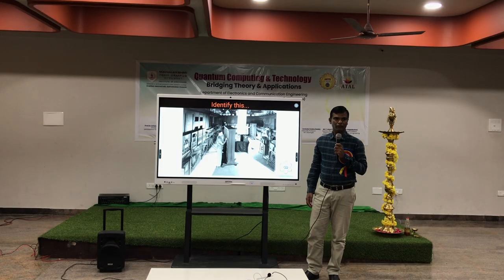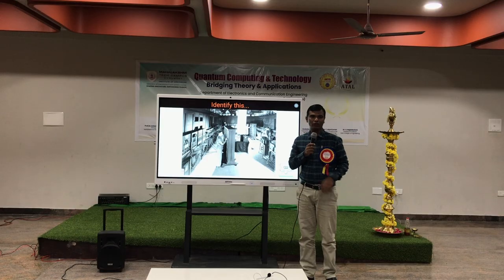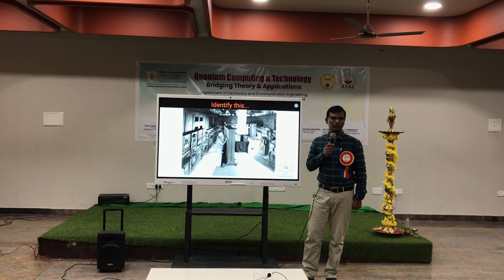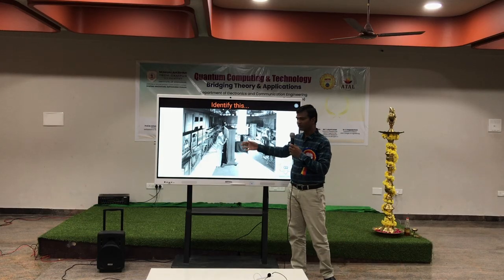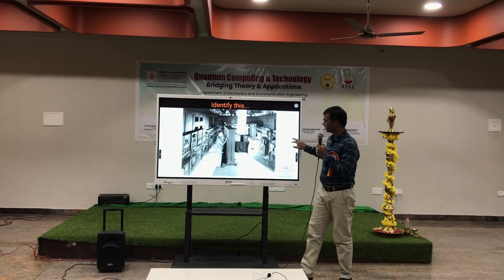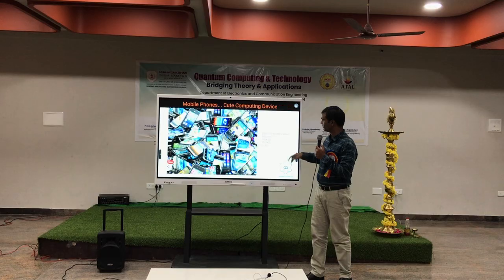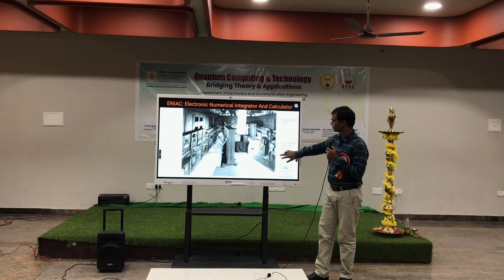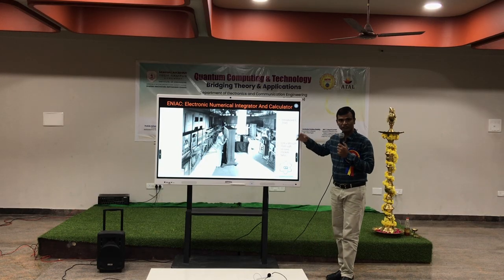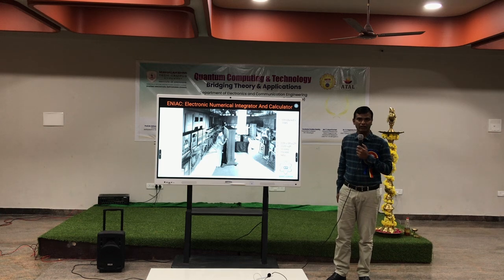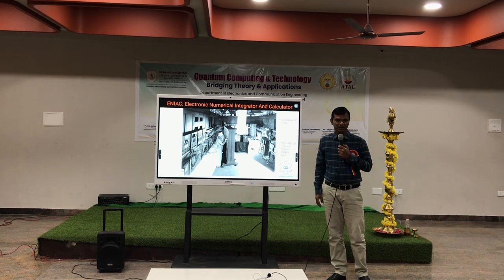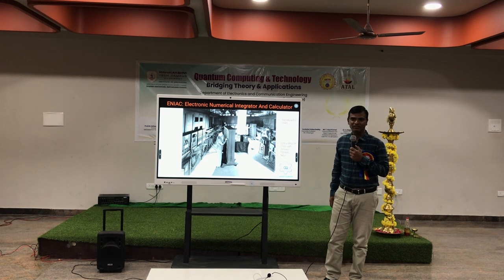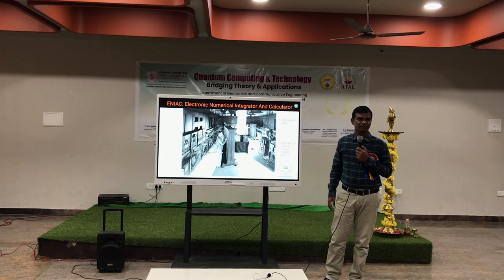If you go 80 years back or 100 years back, the normal computer that we are using now was the size of this one. This was introduced in 1945 by IBM, because IBM is the inventor of these computational machines.